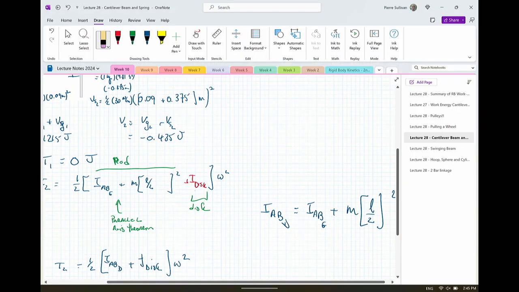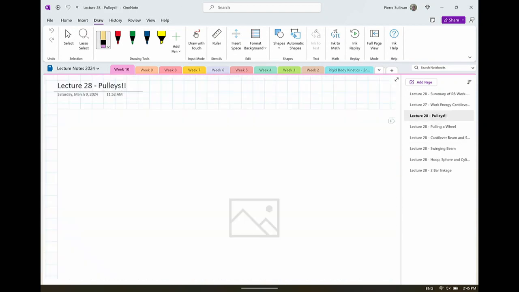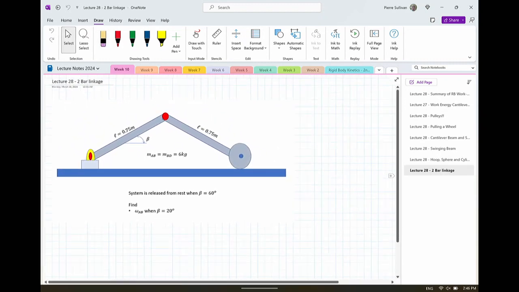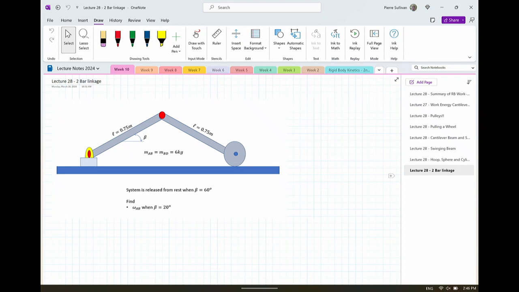I'll do this one. All right, you're asked to find, so you have a two-bar linkage, you have a point of rotation, and this is again a kind of typical case.